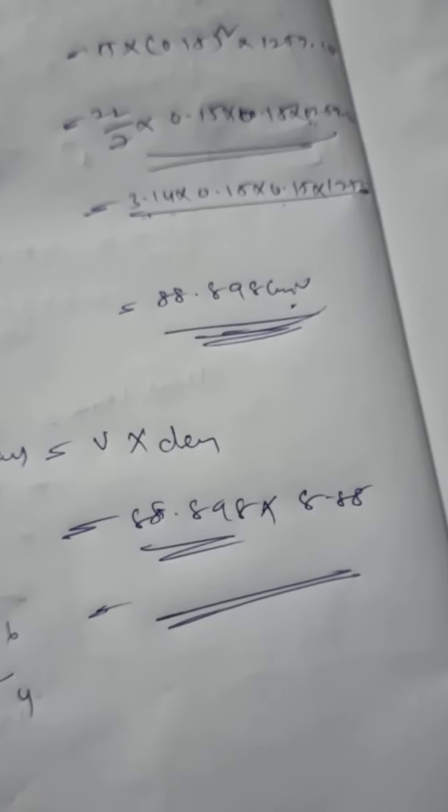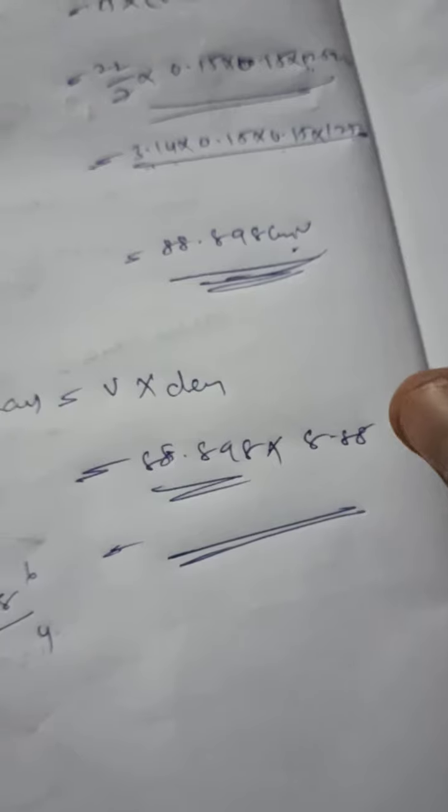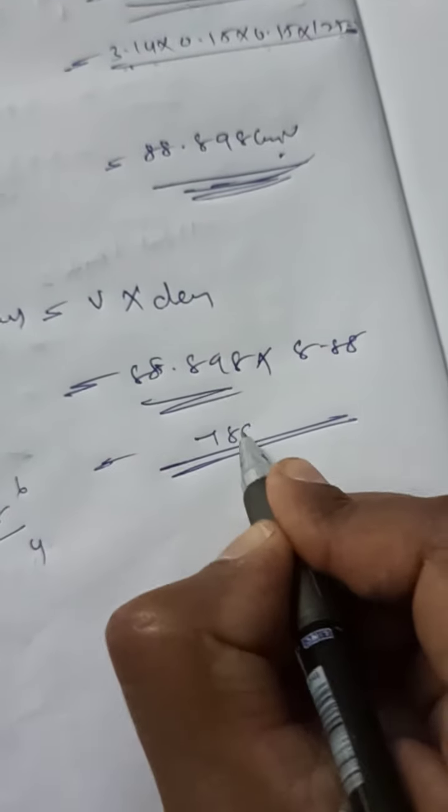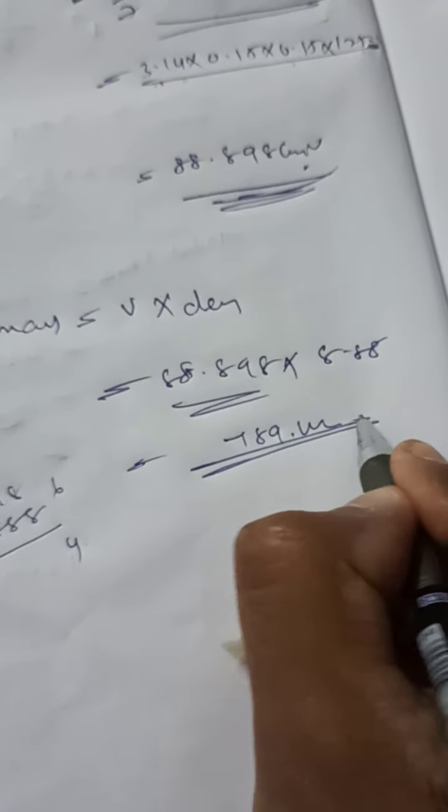Otherwise leave the decimal: 88898 into 888, leave the decimals. How many decimals do we have to leave? 1, 2, 3, 4, 5 decimals we have to leave, so that you will get the value as 789.41 grams. You do this simplification and you will get the clarity easily. Everyone has to try the next question now.